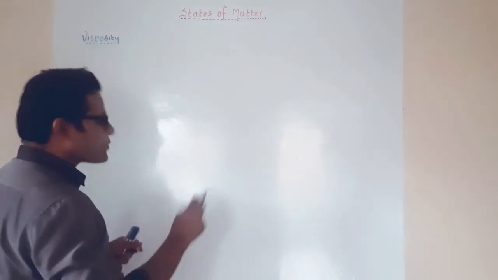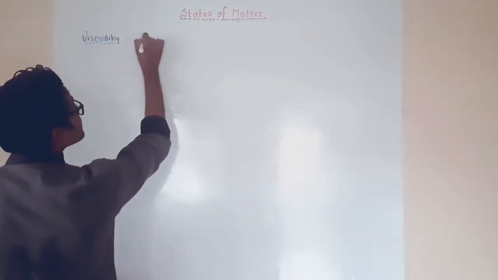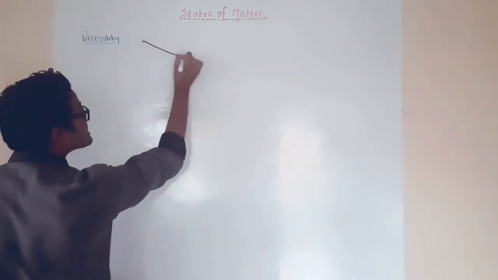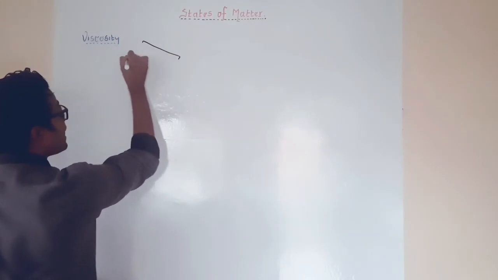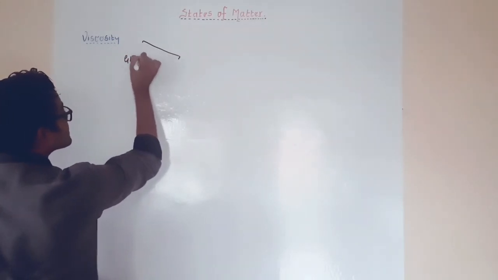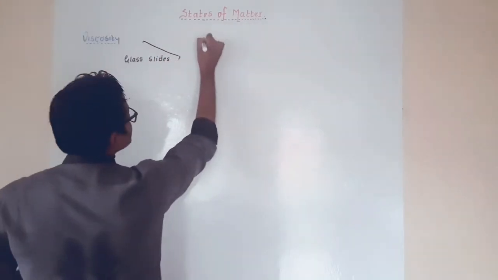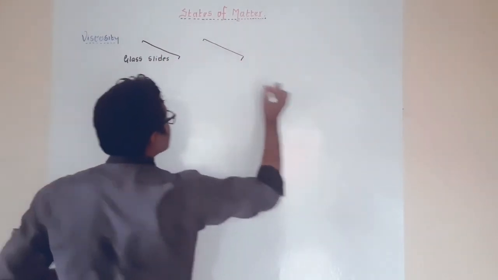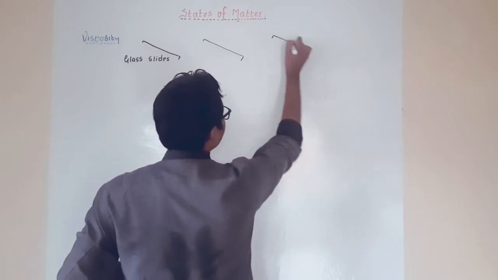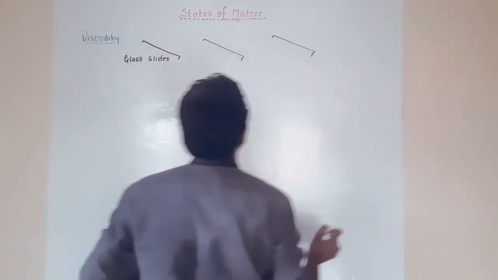So let's start with the last point for today, and that is viscosity. In order to understand viscosity, let's say that we have glass slides placed something like this, all inclined at a particular position.